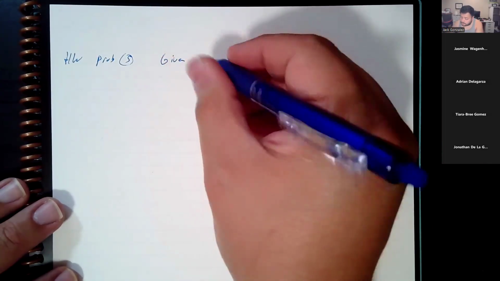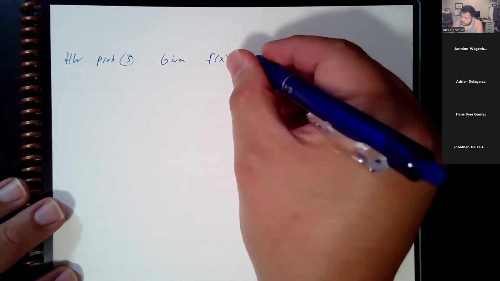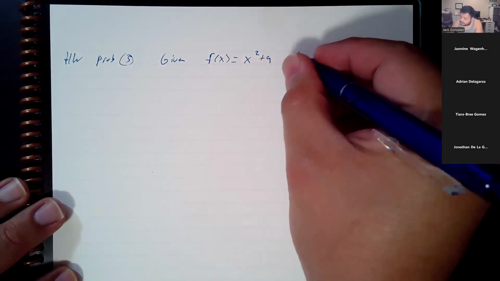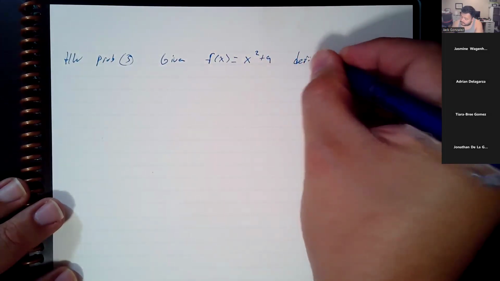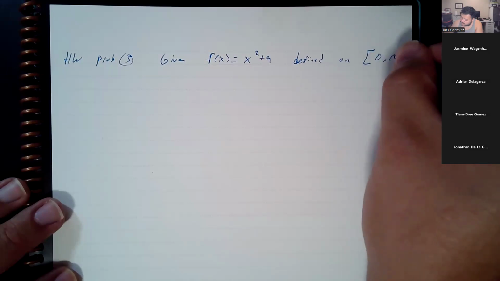So given f of x equal to x squared plus 9, you find on 0 to infinity.